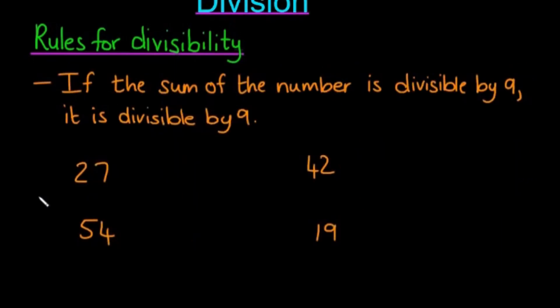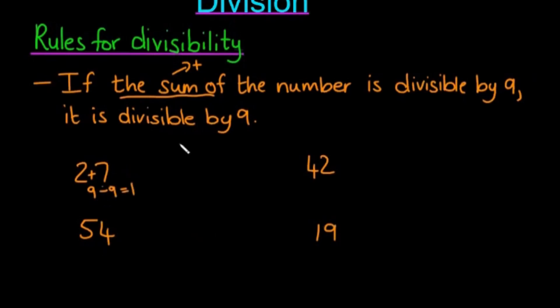Our next rule of divisibility states that if the sum of a number's digits is divisible by 9, the number is divisible by 9. This is the same as with 3. So if we add the numbers together, 2 plus 7 will give me an answer of 9. And if I divide 9 by 9, I'm going to get an answer of 1.